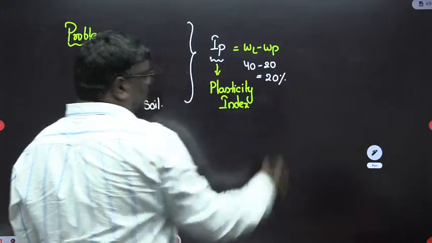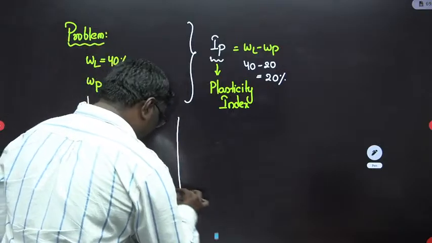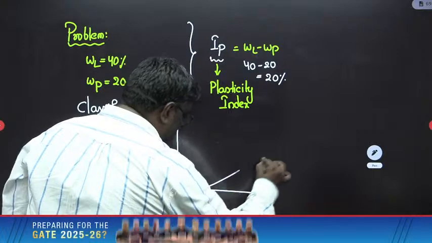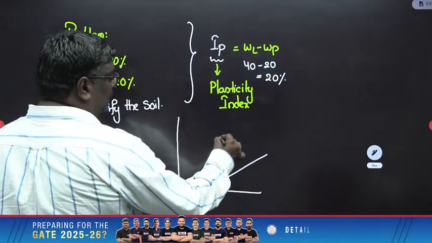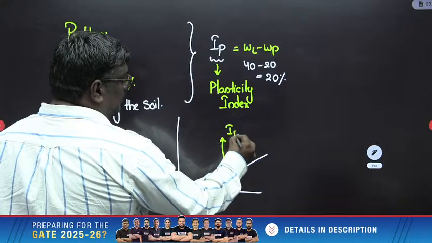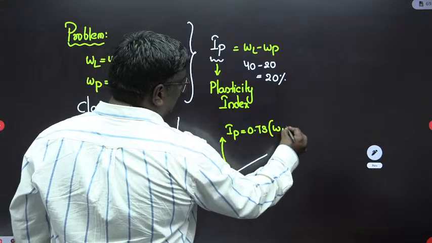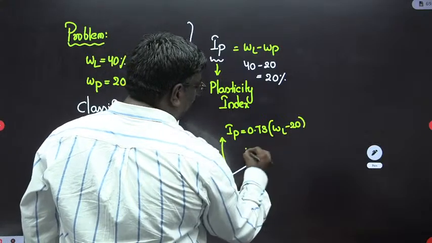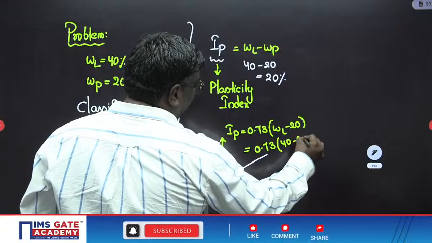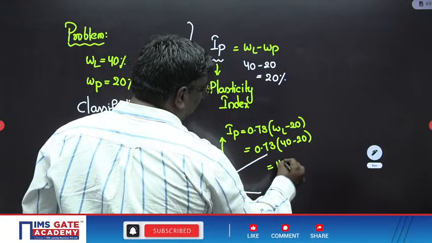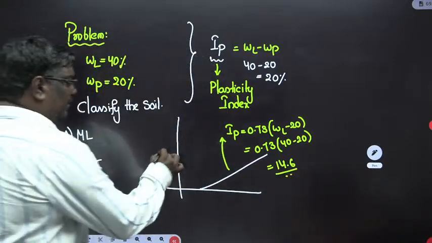Now see students, if I draw a line, you know the equation of a line is IP is equal to 0.73 into (WL minus 20). So if I plug in the value of 40, 40 minus 20, it will give the value as 14.6. Okay. Now the A line is located at where, sir?